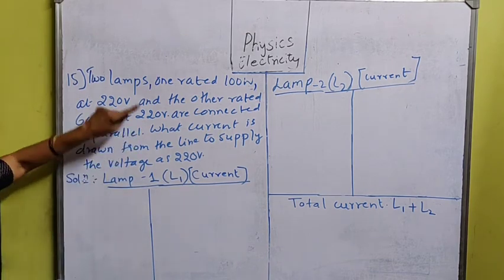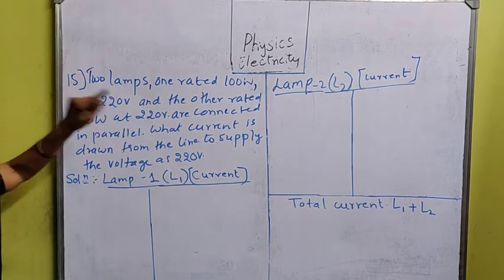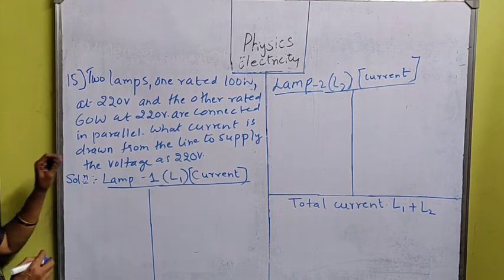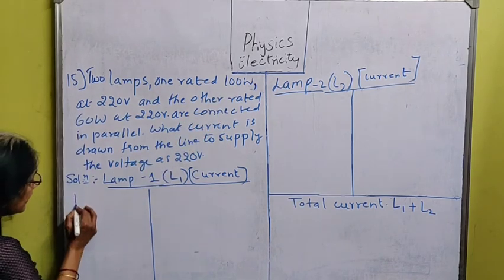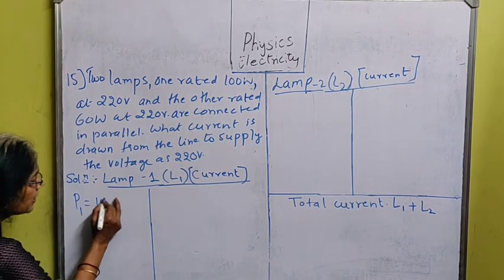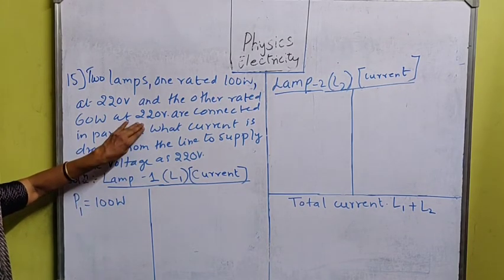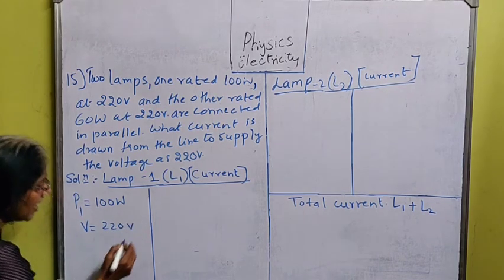So for the first lamp the voltage is 220 volt and for the second lamp also 220 volt. First we will write down what is given. The power of the first bulb is P1 is equal to 100 watt. Voltage is same for all of them, so V is equal to 220 volt.